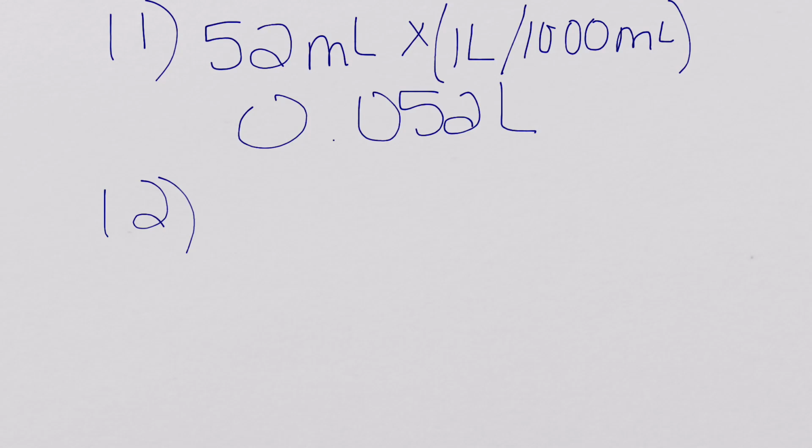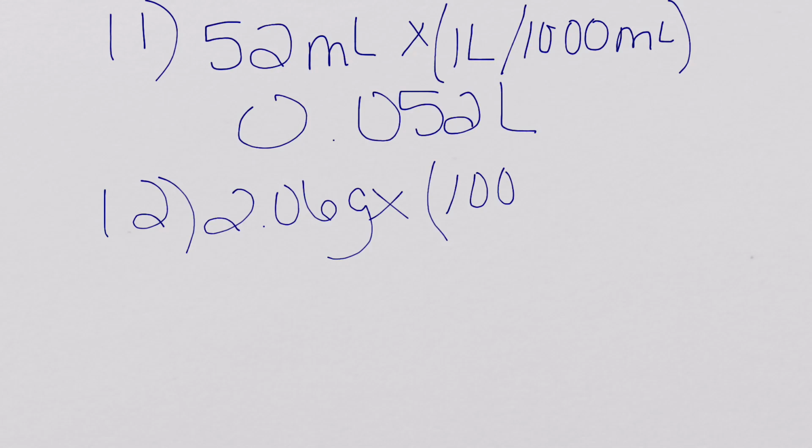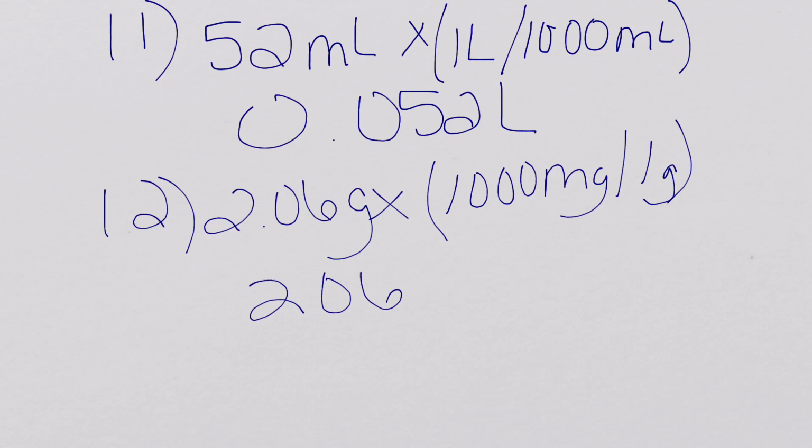Number 12 is the same way. You're taking your 2.06 grams and you're multiplying it by your conversion factor, which would be 1,000 milligrams over 1 gram. And that gives you 2,060 milligrams.